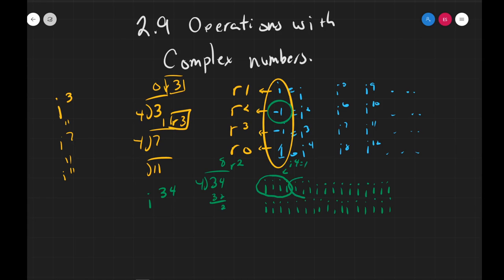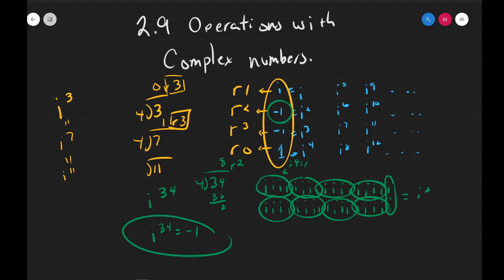So we have 1 times 1 times 1 times 1 times 1 times 1 times 1 times 1, which leaves these two on the end, which is i squared. And we said that i squared was equal to negative 1. So we can evaluate i to the 34th as being negative 1.